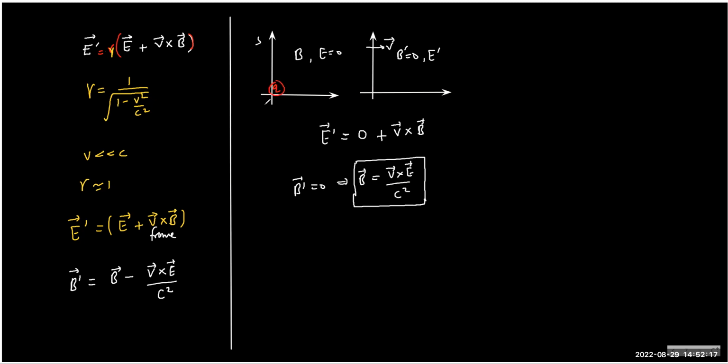Now, if a charge is at rest, electric force is how much? 0. There is no electric force. Yes, sir. But now what will happen? In the frame that we have chosen, the Q will have velocity in the opposite direction, right? Yes, sir. Minus V. So if V vector is the velocity of the frame, what is the velocity of the charge? Minus V.